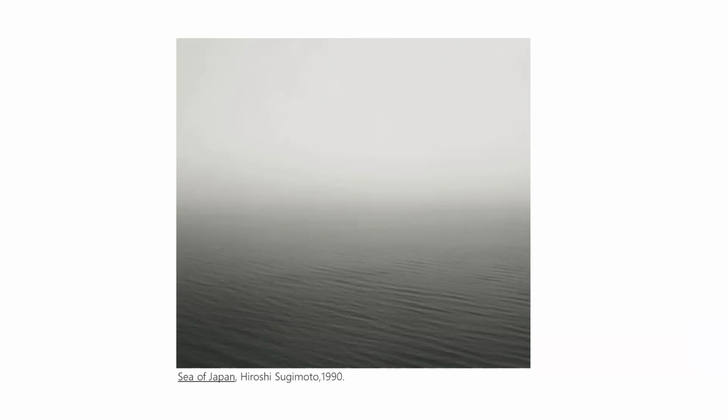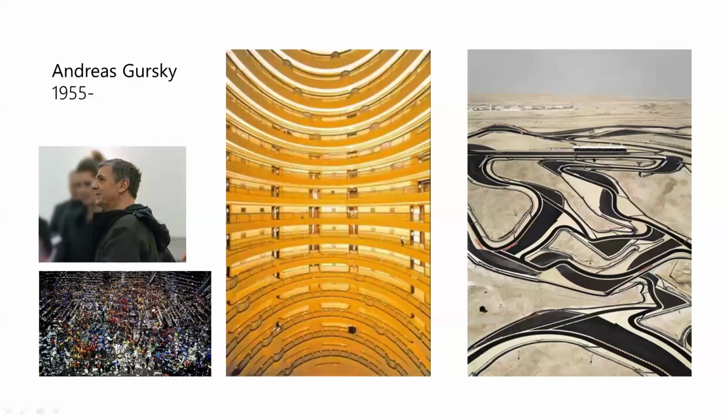This is an ongoing series where everywhere he goes in the world where you can see the sea, he will always take at least one, usually multiple photographs of the sea at various times, especially early in the morning. And it's always with the horizon line exactly perfectly centered on a square photographic print.